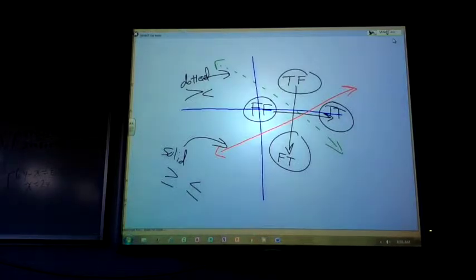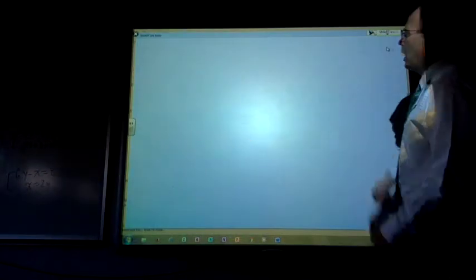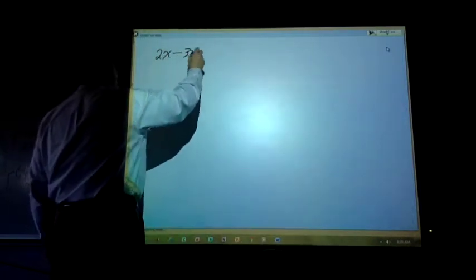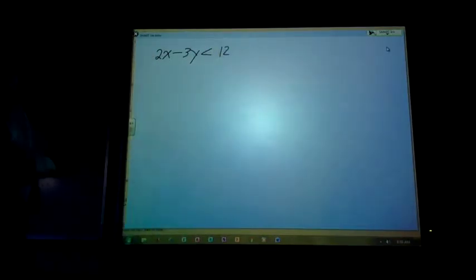So let's come up with a problem that we'd go through. Let's say we had 2x minus 3y is less than 12. Let me just make sure I can make this right.